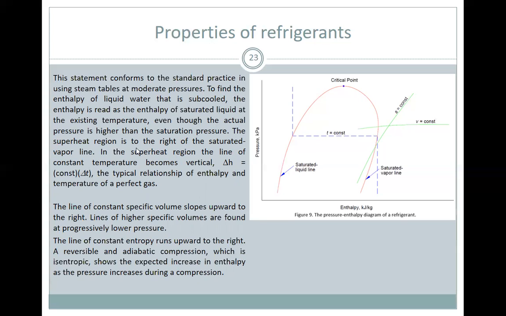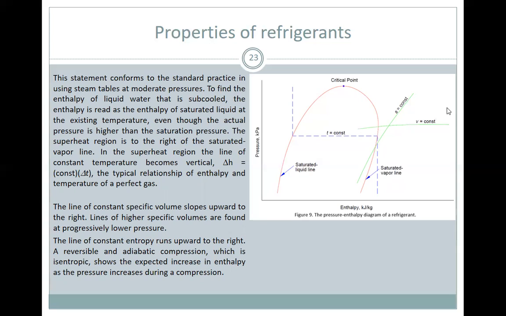The superheat region is to the right of the vapor line. Ito, superheat. Itong part na to. In the superheat region, the lines of constant temperature become vertical. Delta h is constant times delta T, typical relationship of enthalpy and temperature of perfect gas. So the lines of constant specific volume slope upward to the right.